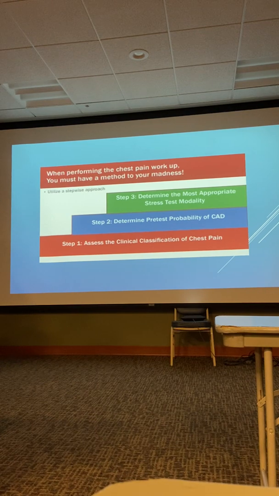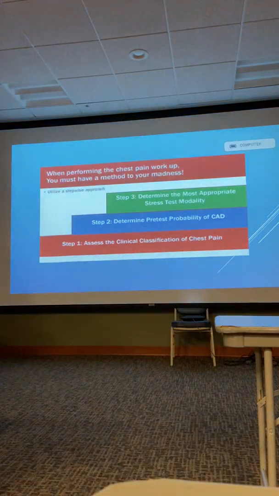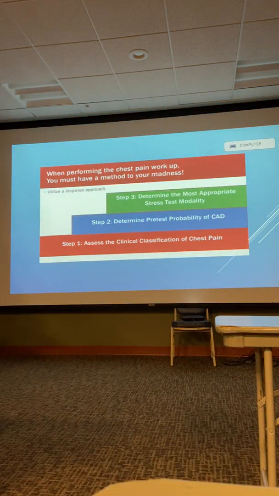So on either end, people with really high pretest probability of disease, or your 20-year-old with anxiety, are probably not the best candidates for treadmill testing or stress testing, and we probably look at different approaches for them. The 20-year-old maybe PARS, and the 80-year-old maybe right to cath.